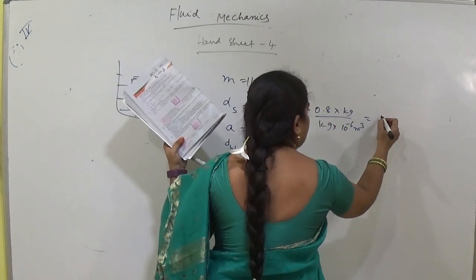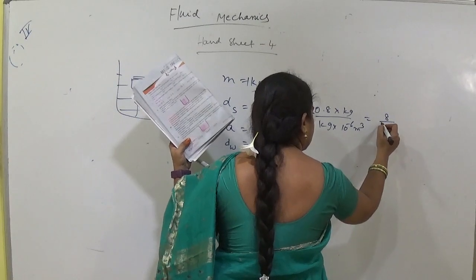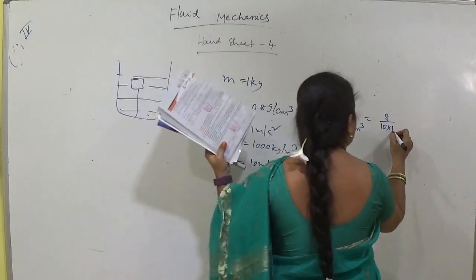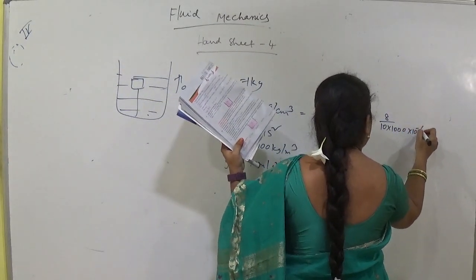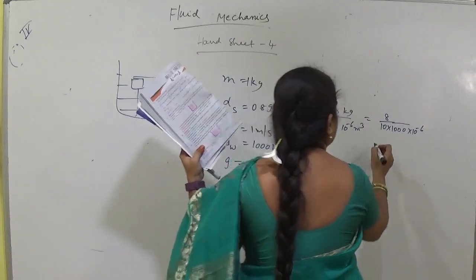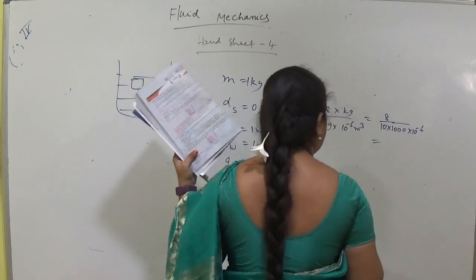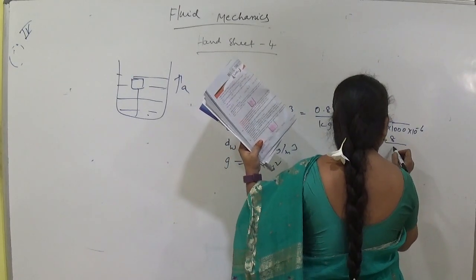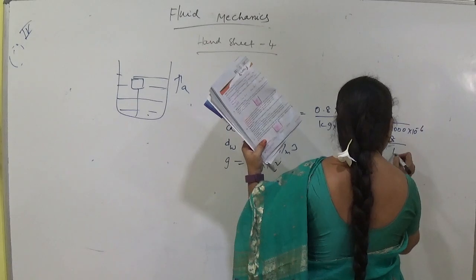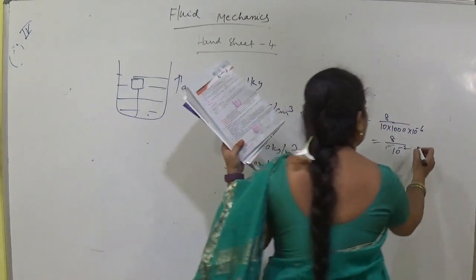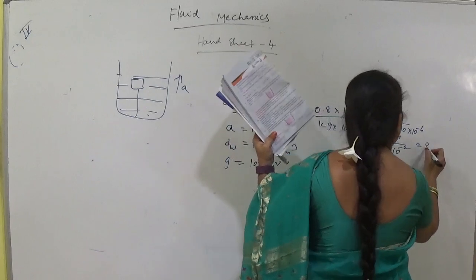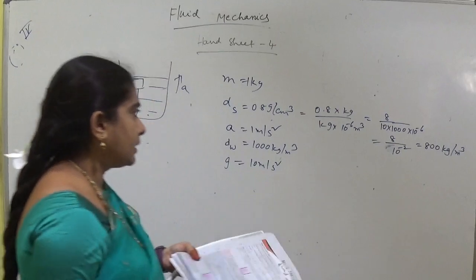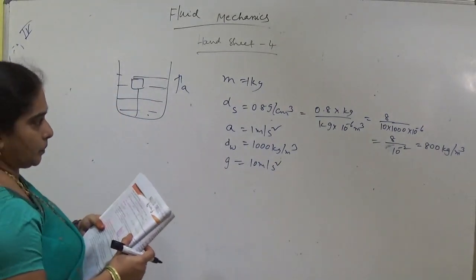So 8 by 10 into 1000 into 10 power minus 6, 8 by 10 power minus 2, which is 800 kilogram per meter cube.